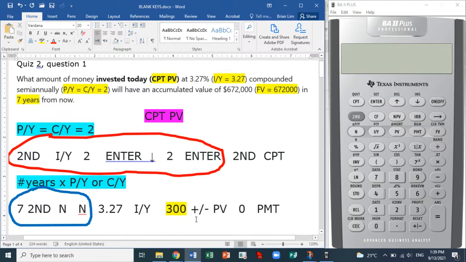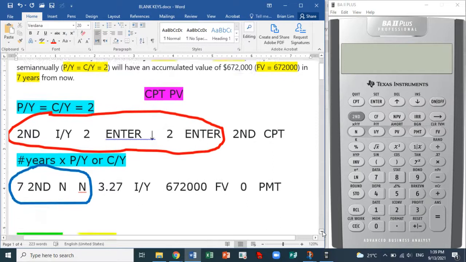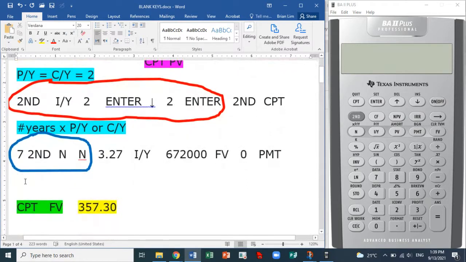So we are given the future value of 672,000, and we'll make that the future value. Then we will need to compute the present value, so that would become the present value, and this number will change here.